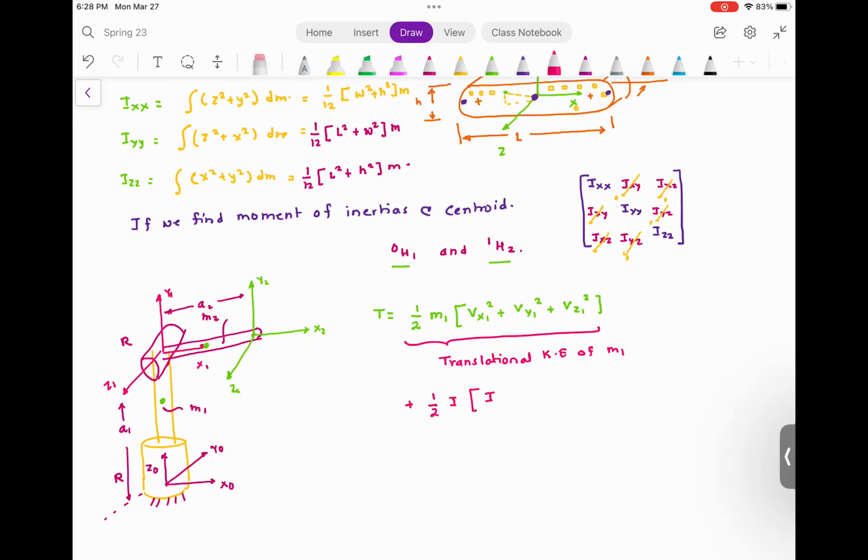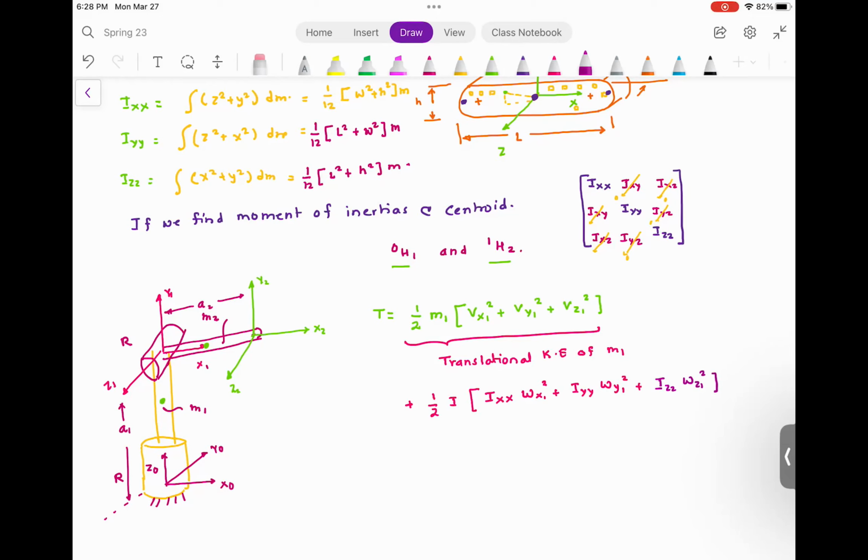Then I would have 1/2 (Ixx omega x1 square plus Iyy omega y1 square plus Izz omega z1 square).